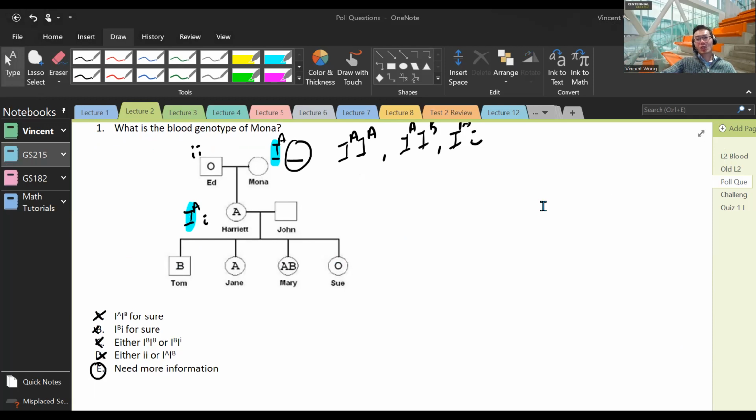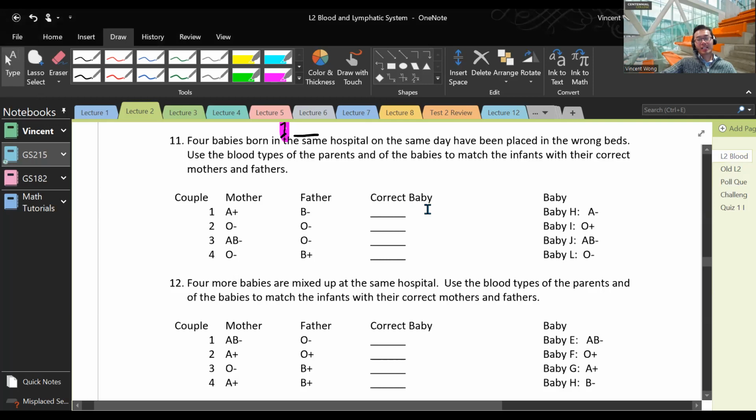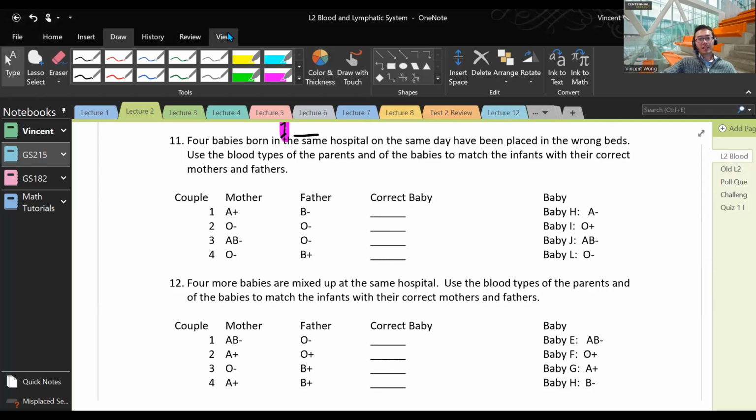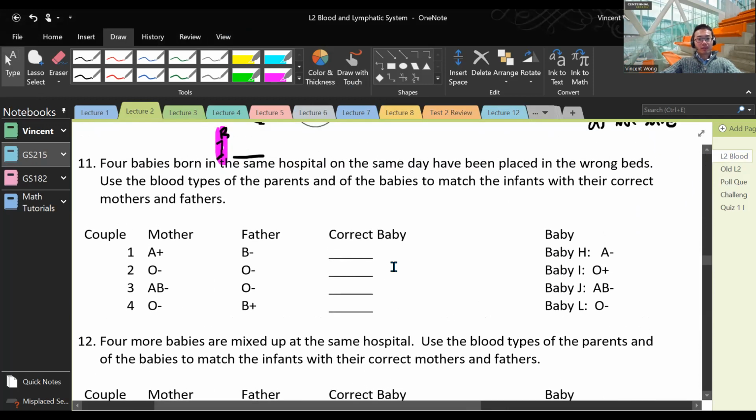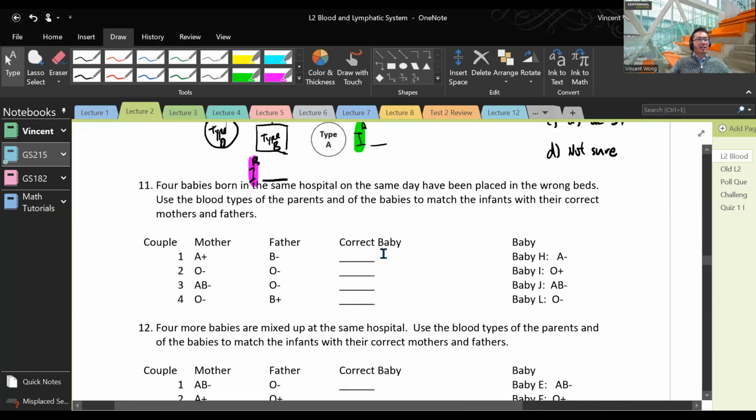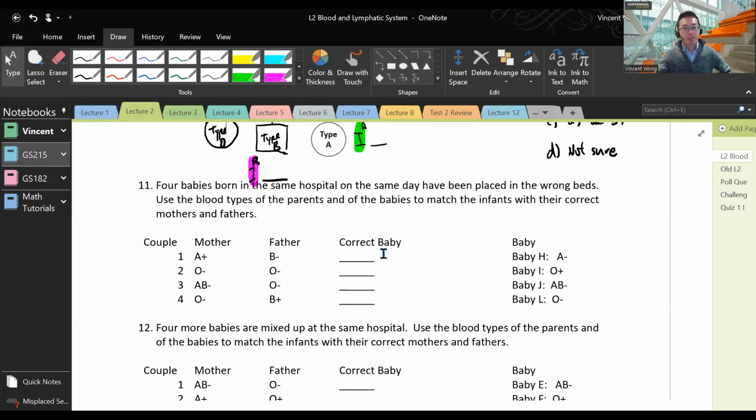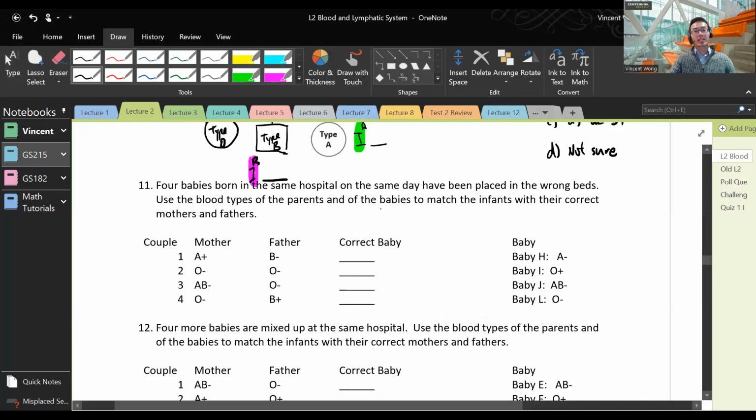I know this is a lot to take in. This is very involved, but make sure you review the notes and contact me if you need extra help. We can work something out. And the good news is this is not on the quiz next week, right? This is going to be on your test.